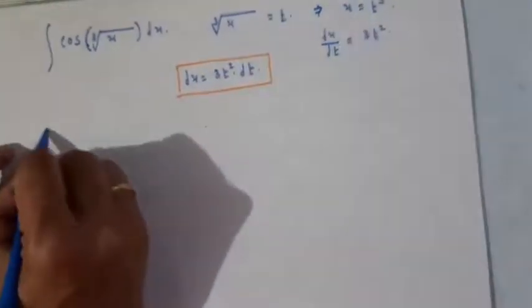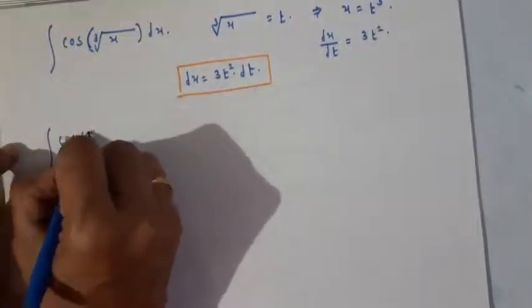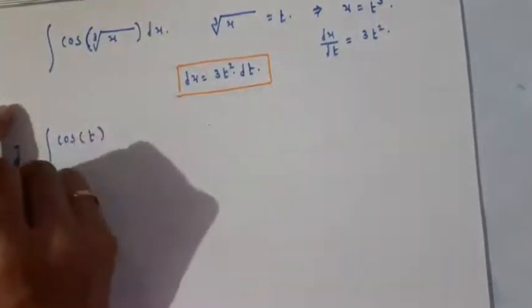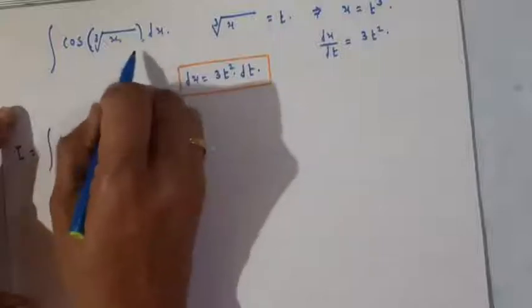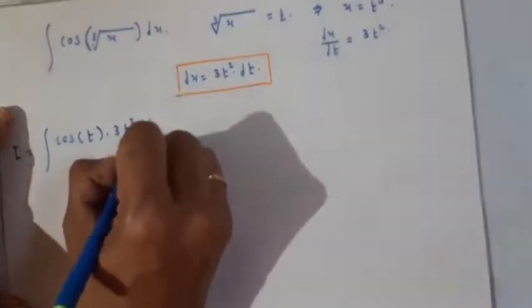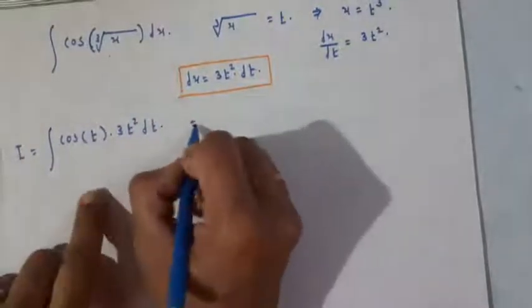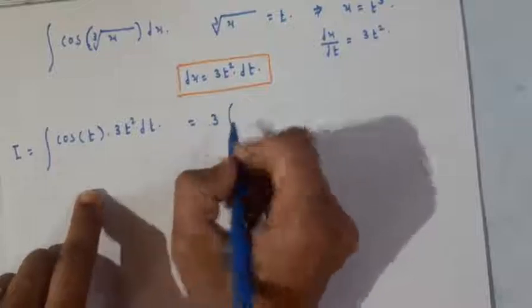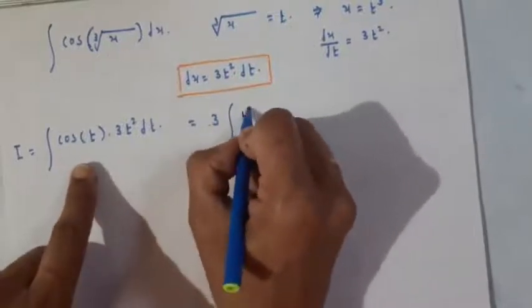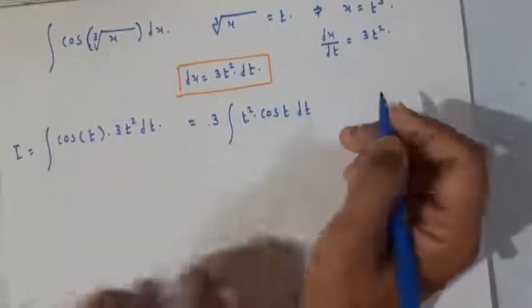Now this is the integration of cos of t, and the value of dx is 3t square into dt. Here 3 is a constant, and we integrate t square cos of t with respect to t.